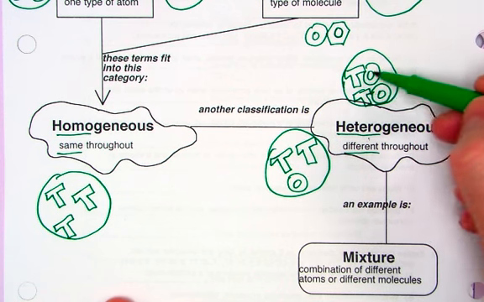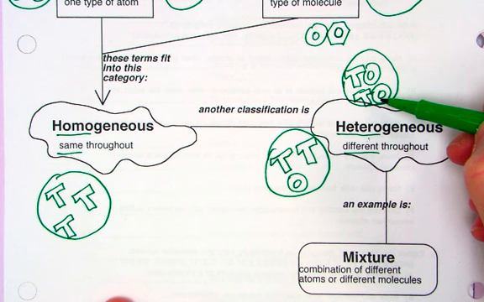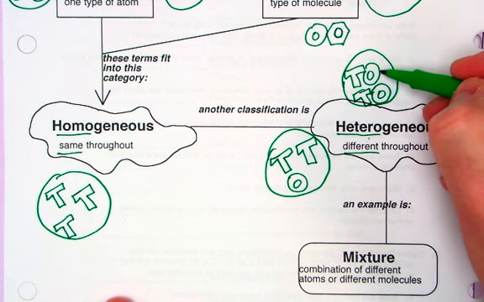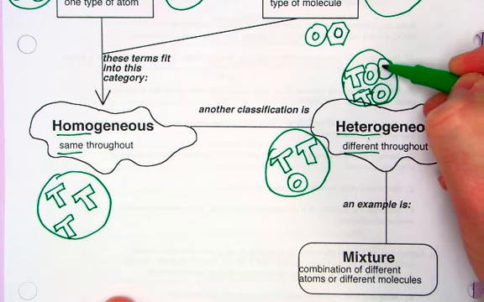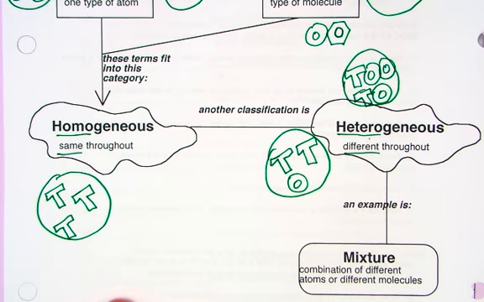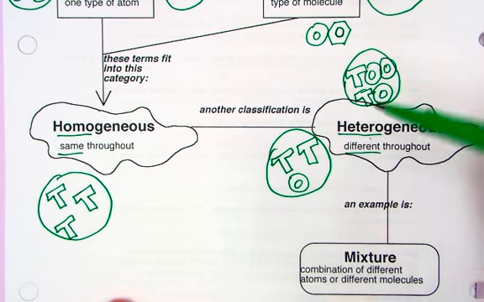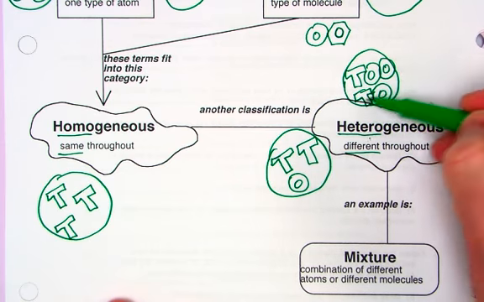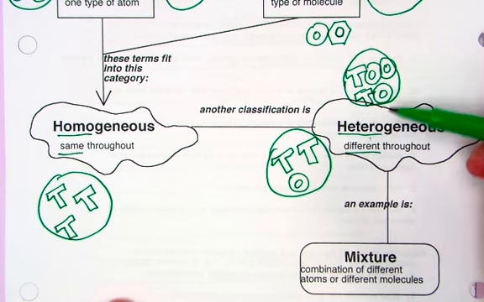Is this the same as this? They are. So to make this heterogeneous, I would actually have to add another washer, okay, or something else in there. So whether you consider this molecule is different than this one, or this compound is different than that compound. So two different compounds there.